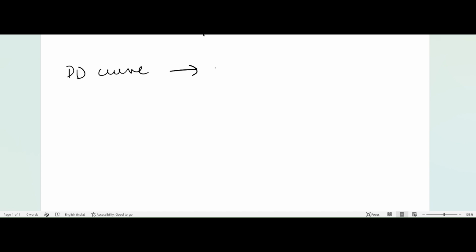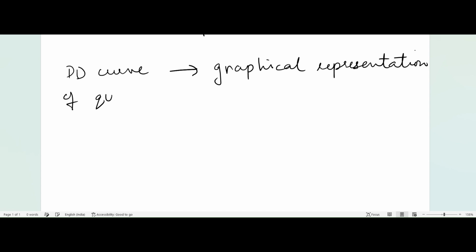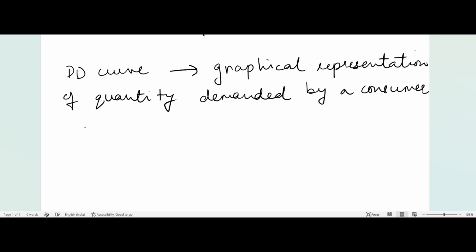So the demand curve is nothing but a graphical representation of quantity demanded by a consumer at various price levels.